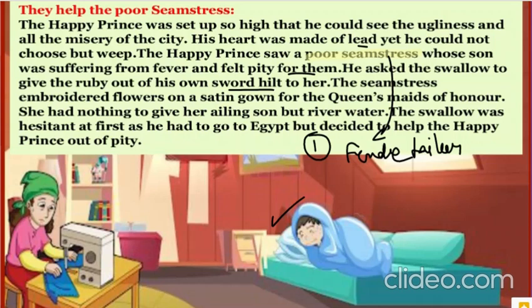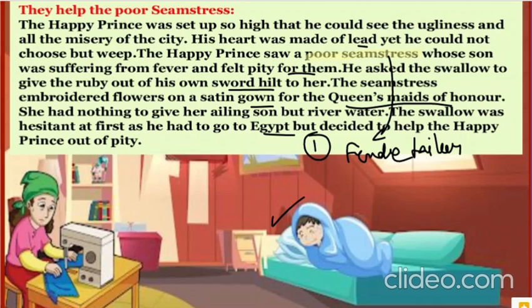The seamstress embroidered flowers on a satin gown for the queen's maids of honor. So the seamstress was embroidering flowers, working hard, and she had nothing to give her ailing son but river water. The swallow was hesitant at first as he had to go to Egypt, but then decided to help the Happy Prince out of pity.